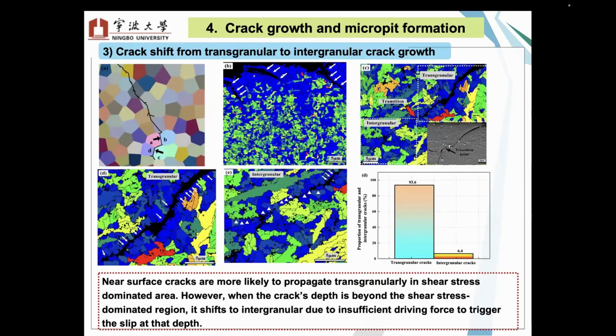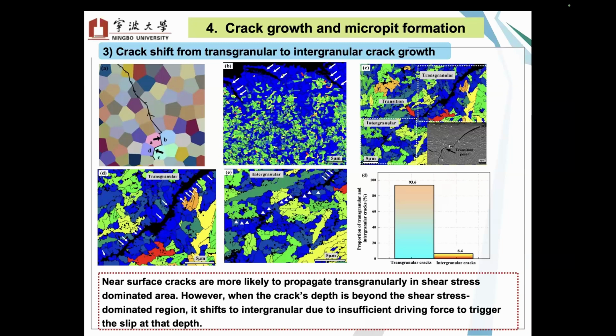At some point, as I said, cracks which initiated at grain boundaries shift to transgranular growth, but at some point they shift back to grain boundaries also. So how does this happen? These are EBSD results from experiment.